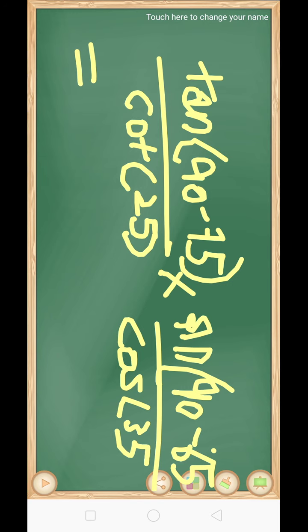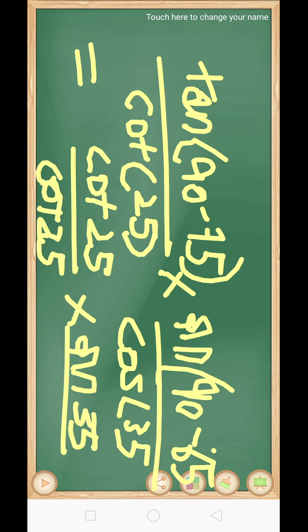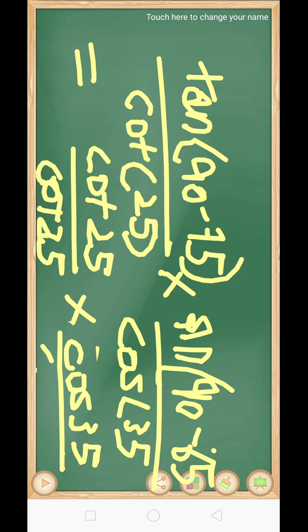That will be cot 25 by cot 25 into sine 35 upon cos 35.